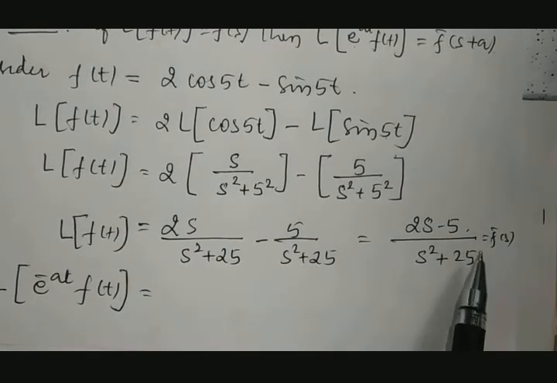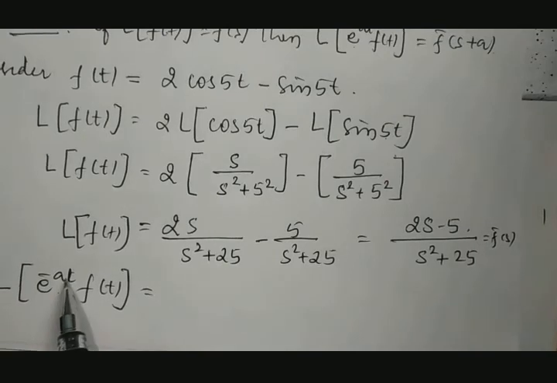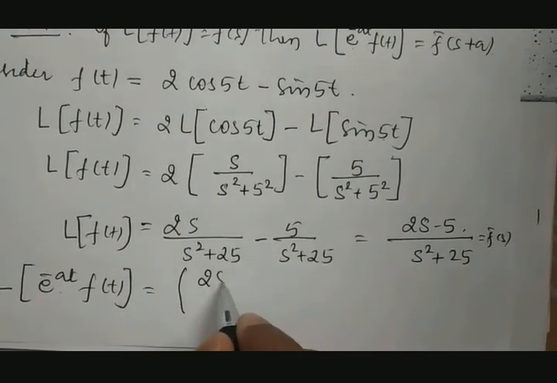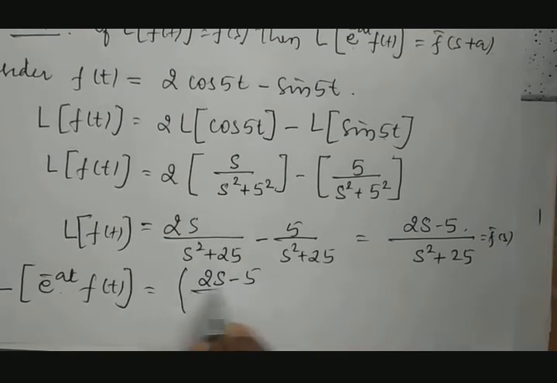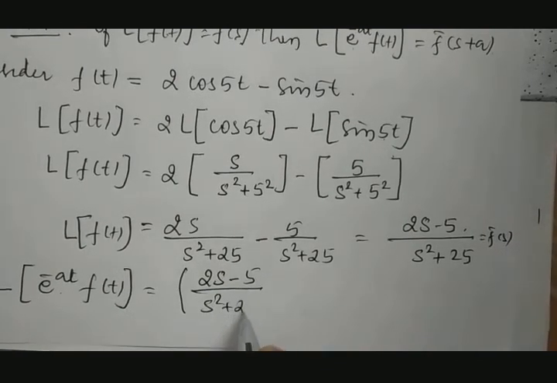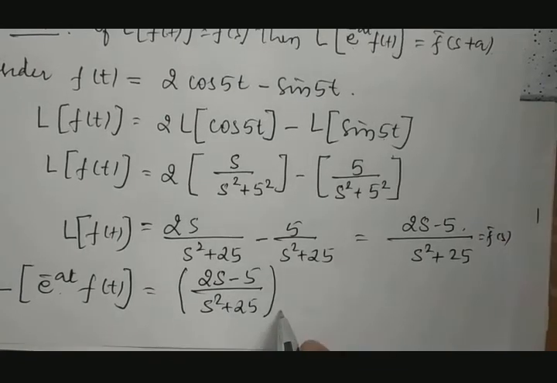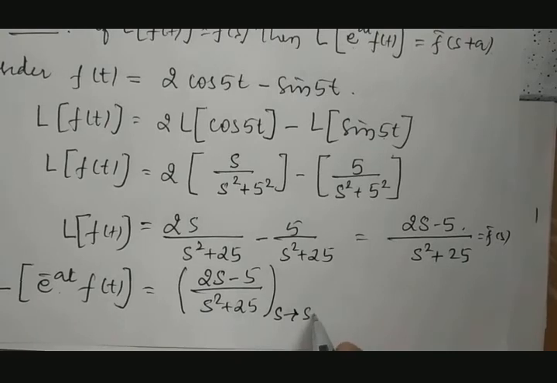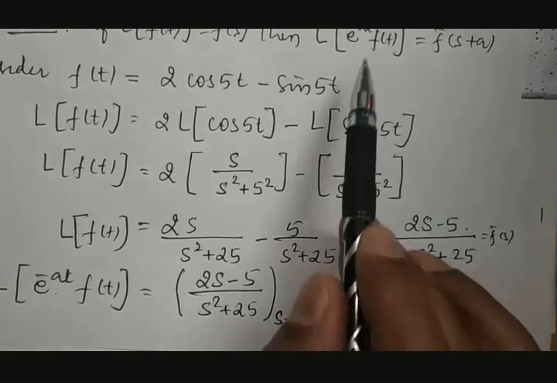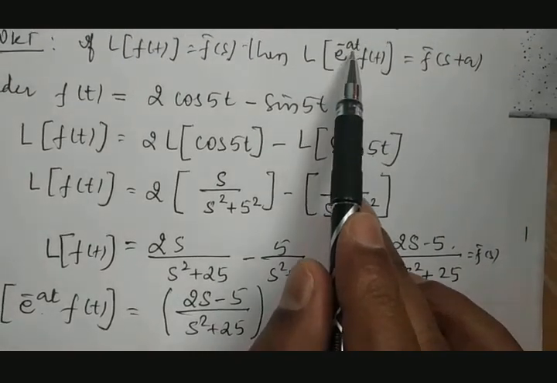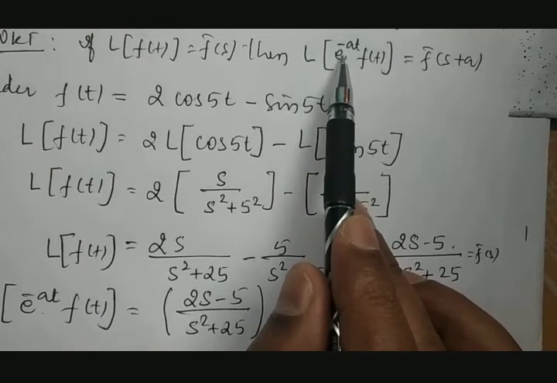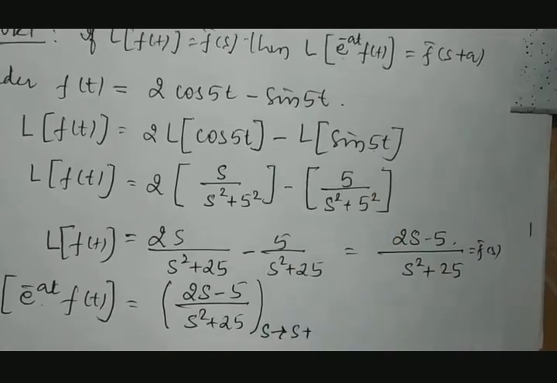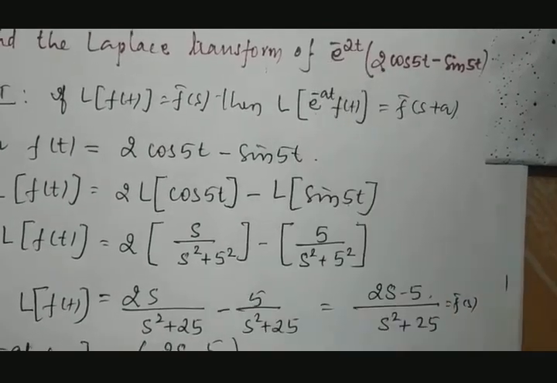Means as soon as exponential is multiplied to the function, this whole result what we obtained, that is 2s minus 5 divided by s square plus 25, where s is going to be replaced by s plus a. That a means the coefficient of t, which is nothing but the power of the exponential term, this a is equal to 2 here.